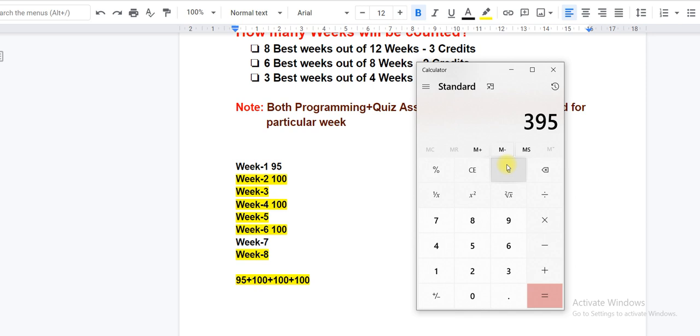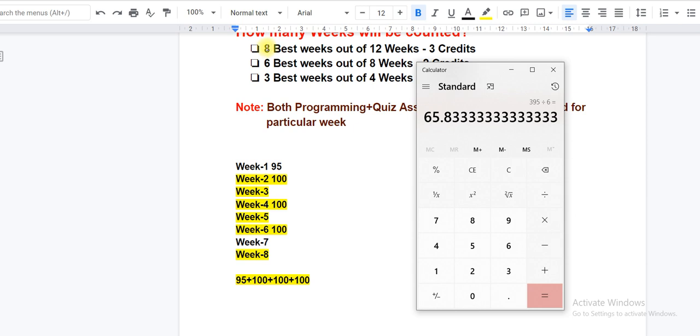So though you have completed just 4 weeks, NPTEL will divide this by 6. Got it? If you have done just 7 or 5 or 4 weeks out of the 12 weeks, then NPTEL will calculate all those scores and divide by 8.